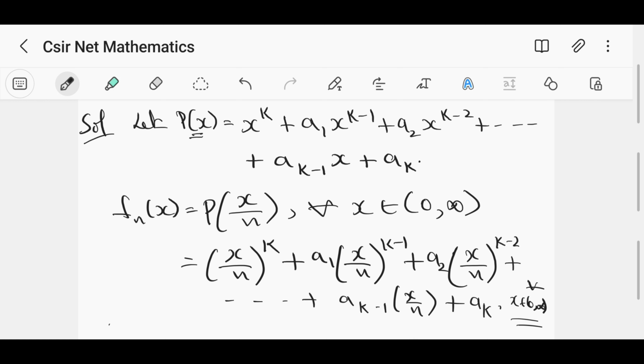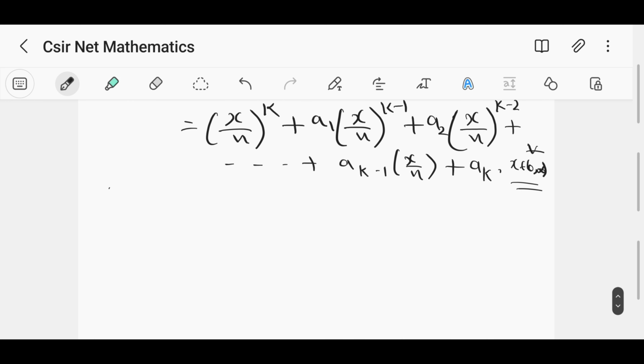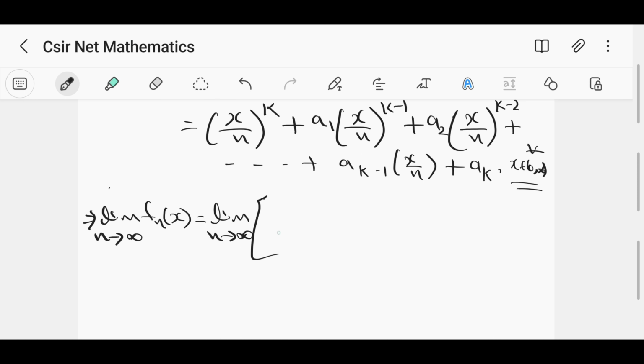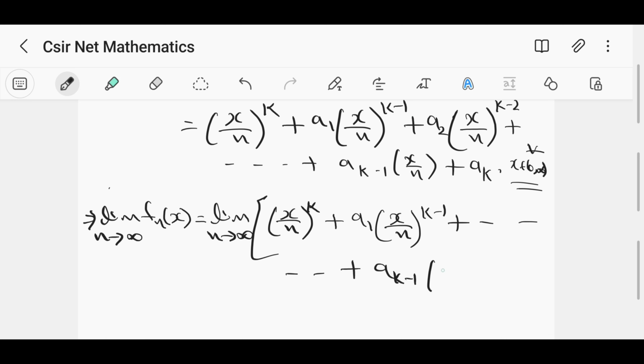Now let us take limit n tending to infinity. This implies limit n tending to infinity f_n(x) is equal to the limit as n tends to infinity of each of the terms: (x/n)^k + a1 (x/n)^(k-1) + and so on, plus a_(k-1) (x/n) + a_k.